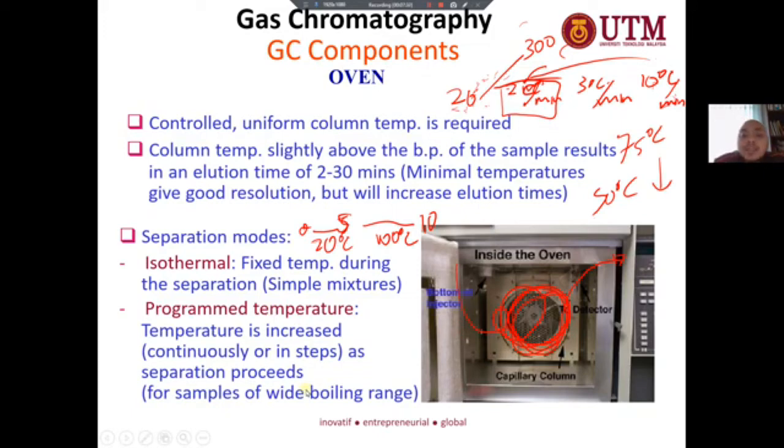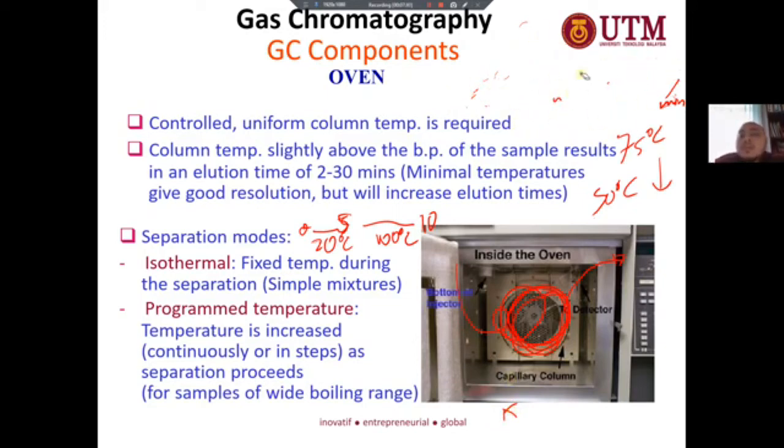For example, you have analytes A, B, C. If the boiling points are about 65, 70, 80, we say that the analytes are not that complex.